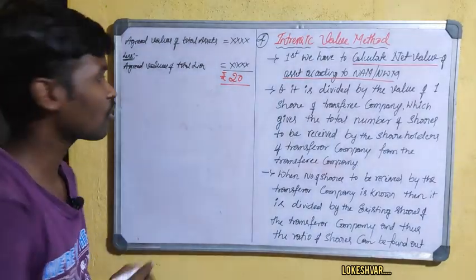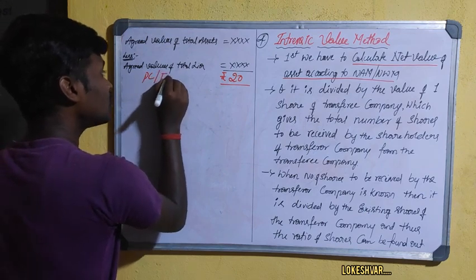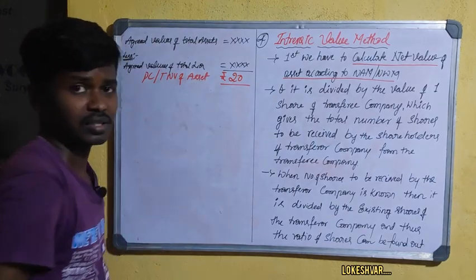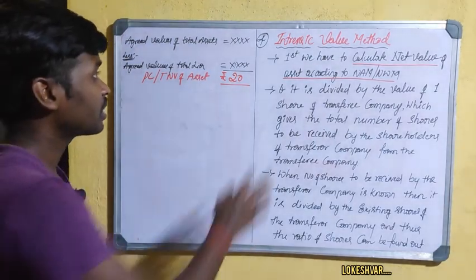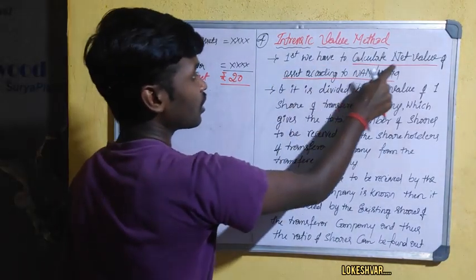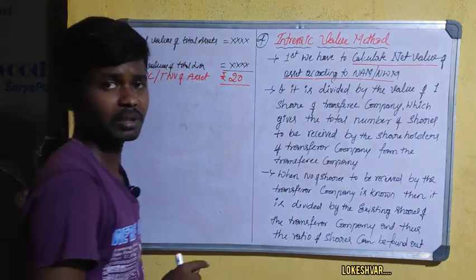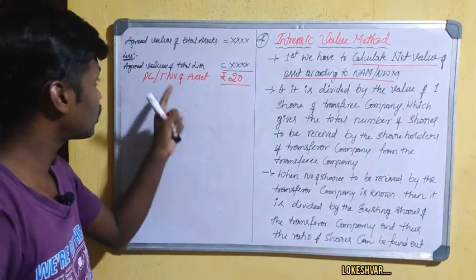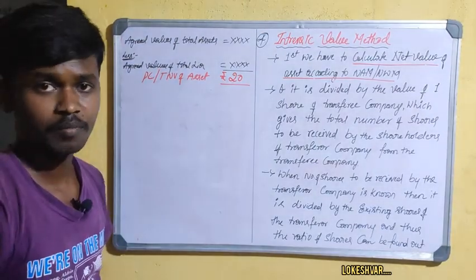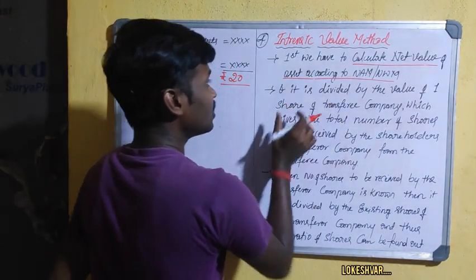This balance is called the purchase consideration or total net value of asset. Now we have satisfied the first condition under the intrinsic value method. First we have to calculate the total value of net asset according to the net asset method or net worth method, and we have already calculated it.